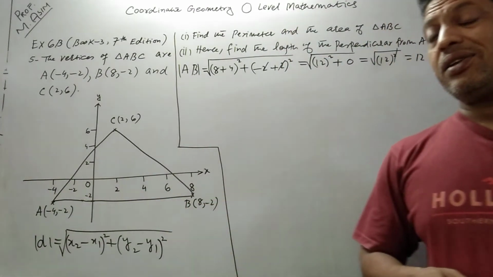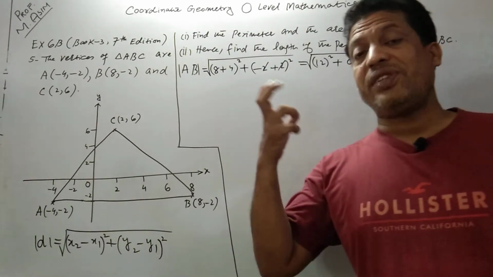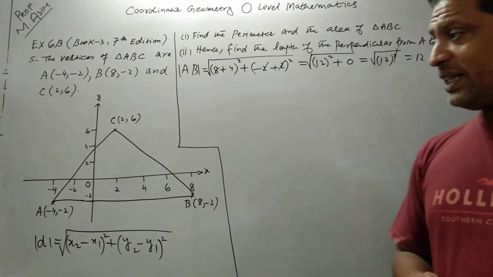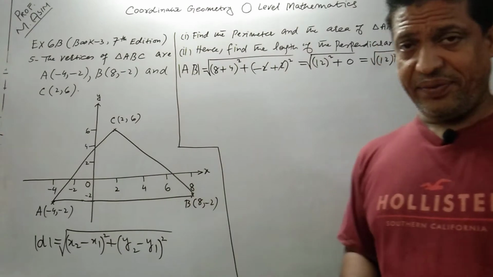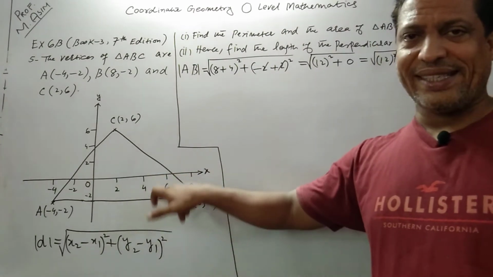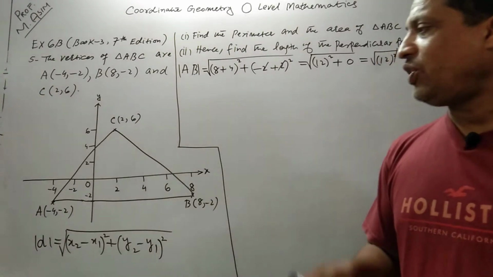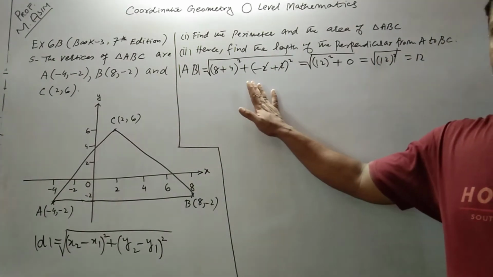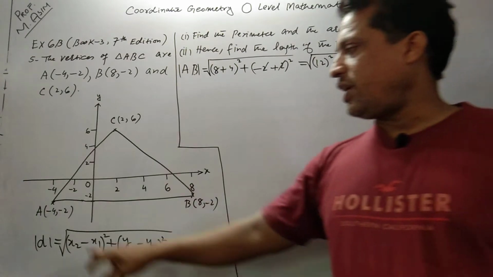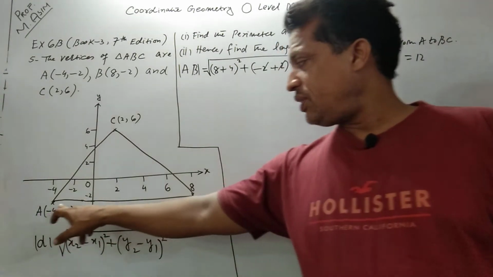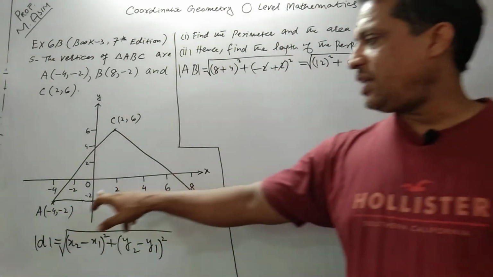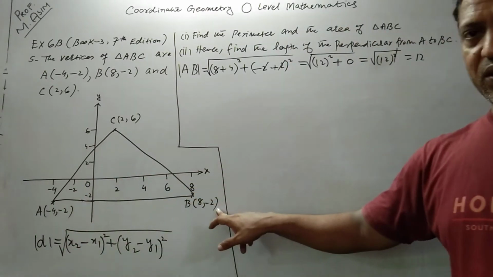But students, you can find this distance AB without using this formula. What is the condition when we find the distance without using the formula? The condition is if the line is parallel to the x-axis, then we can easily find the distance between 2 points without using the formula. How? Look at this carefully. This is -4, this is 8, this is -2, this is -2.